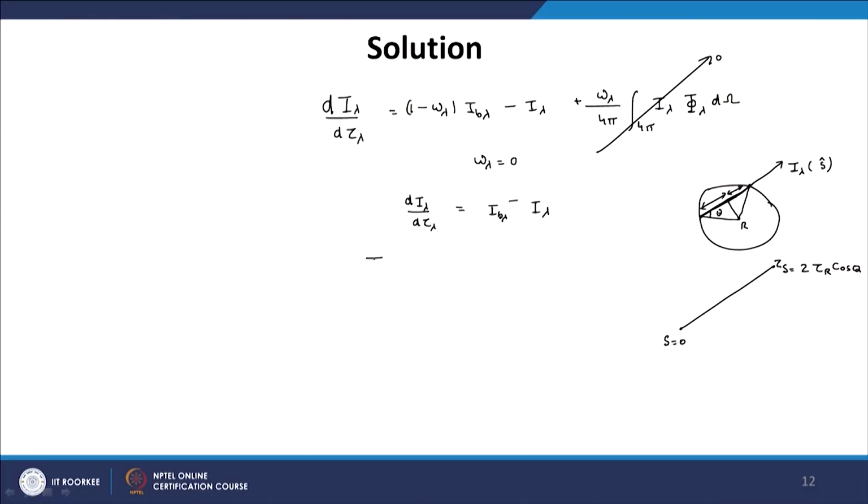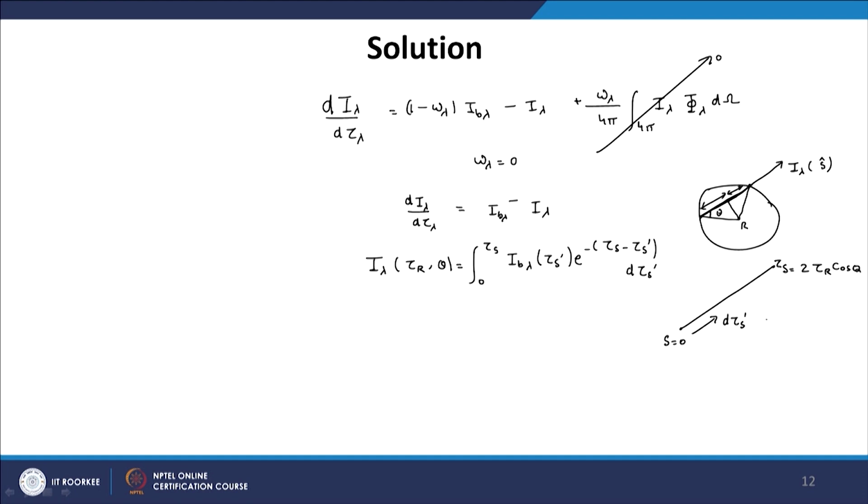So, we write this now I lambda, which is a function of tau r and theta, is equal to, we integrate from 0 to tau s, I b lambda of tau s prime, e power minus tau s minus tau s prime, d tau s prime, where tau s prime is a variable along this path.